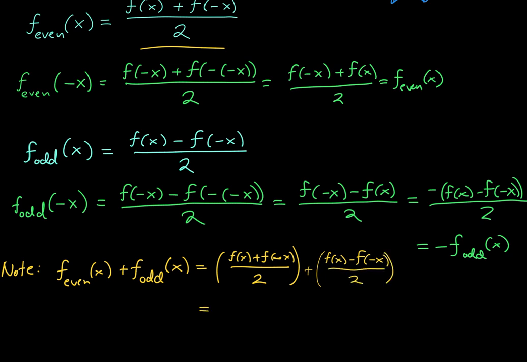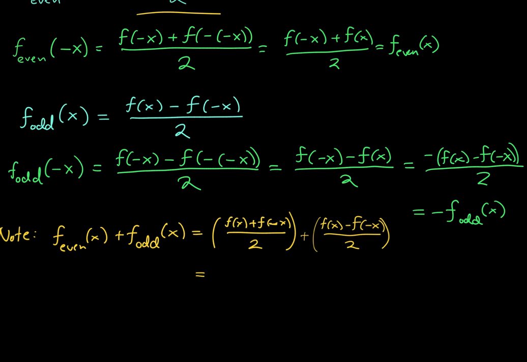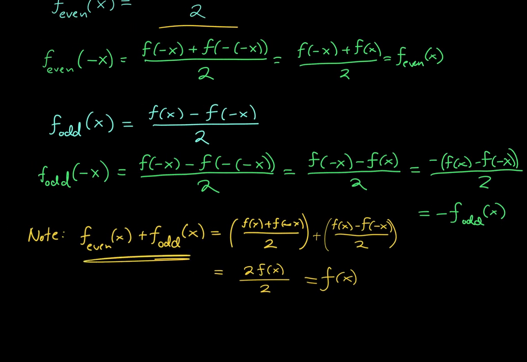We already have common denominators. That's going to be 2 times f of x divided by 2. Oh, wow, what magic. That is f of x. So indeed, the even part plus the odd part is equal to the function itself.